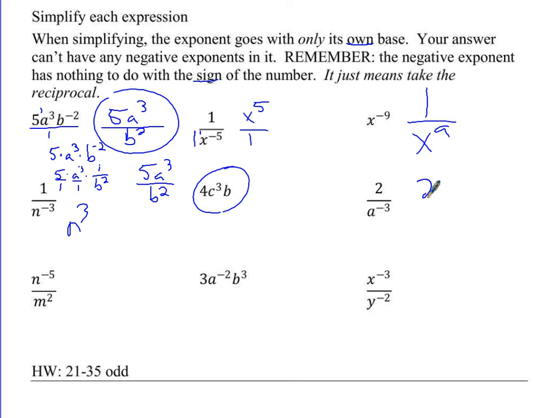No, it stays. Does the a to the negative 3rd need to move? Yes. So it was in the denominator. It moves to the numerator, and I write what? A to the 3rd power. Technically it would be over 1, but anything divided by 1 is itself. So I don't even have to write the over 1 part. That's the answer.